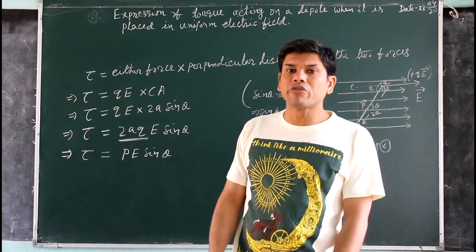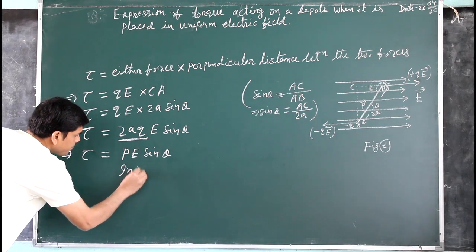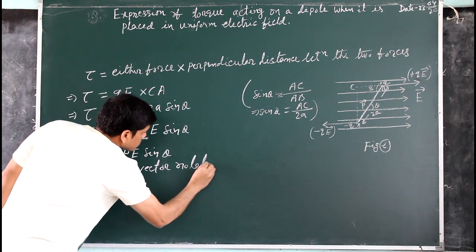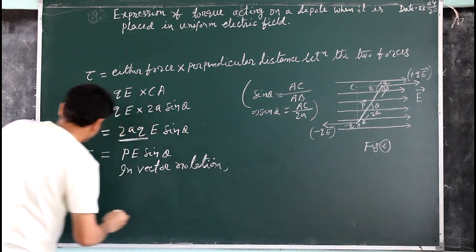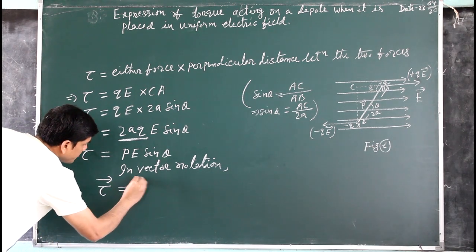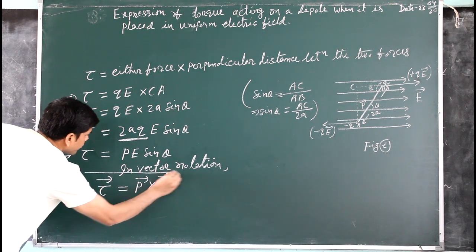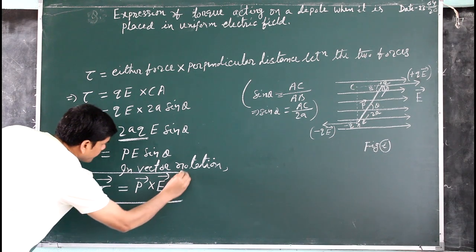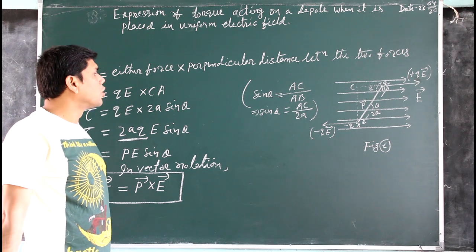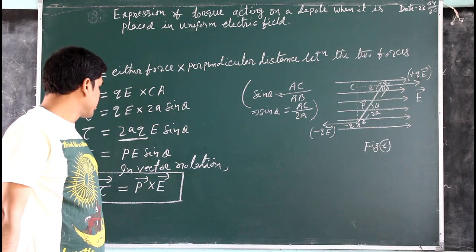Now, as already discussed, the dipole moment and electric field are both vector quantities, and torque is also a vector quantity. So in vector notation, vector tau equals vector P cross E. This is the vector form of the torque acting on a dipole when it is placed inside a uniform electric field.